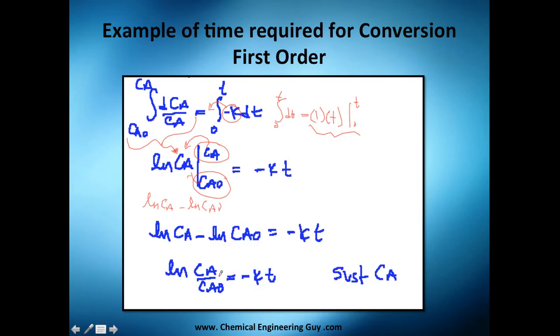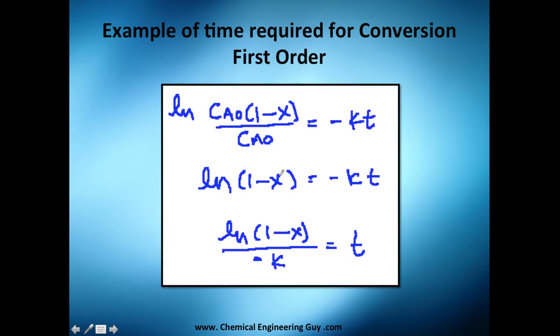Okay, perfect. And if you remember logarithm rules, you can have natural logarithm of A minus natural logarithm of B. You can have these also, and they mean exactly the same. And that's what I actually do here. Yeah, perfect.